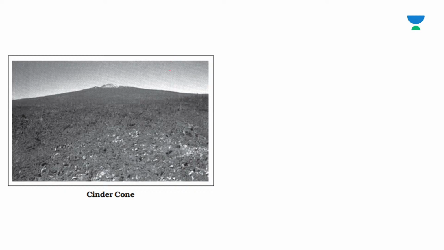Otherwise, they are characterized by low explosivity. So the upcoming lava moves in the form of fountain and throws out the cone at the top of the vent and develops into cinder cone.